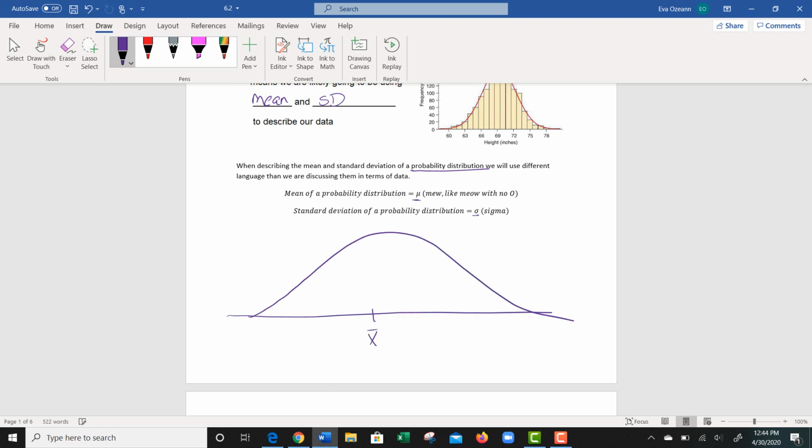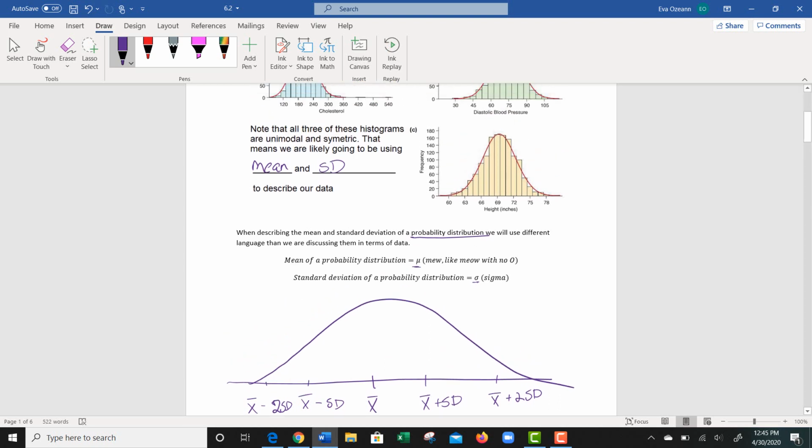we usually put x bar here, and then we say x bar plus the standard deviation, x bar plus 2 standard deviations, x bar minus standard deviation, and x bar minus 2 standard deviations. The same way of saying that, when we're specifically looking at a probability distribution, meaning that we're using technology to draw a curve and things like that, we're not using actual raw data like we have above.